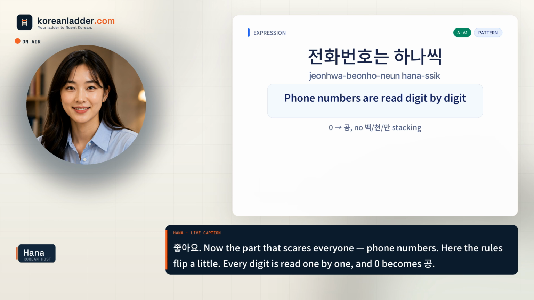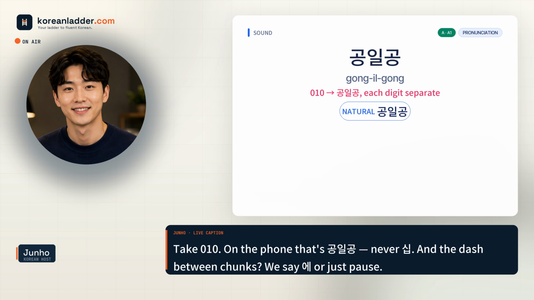Phone numbers. Here the rules flip a little. Every digit is read one by one, and 0 becomes 공. Take 010. On the phone, that's 공일공, never 10.